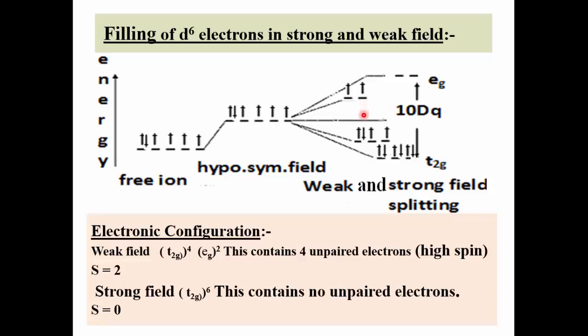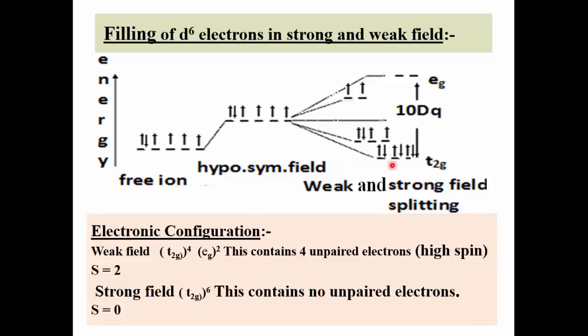And now see, sixth electron is paired up with first electron, which is present in T2g orbital. So in this way, in weak field, the electronic configuration is T2g4 Eg2, which contains 4 unpaired electrons, and therefore these complexes are called high spin complexes, which shows spin S is equal to 2.